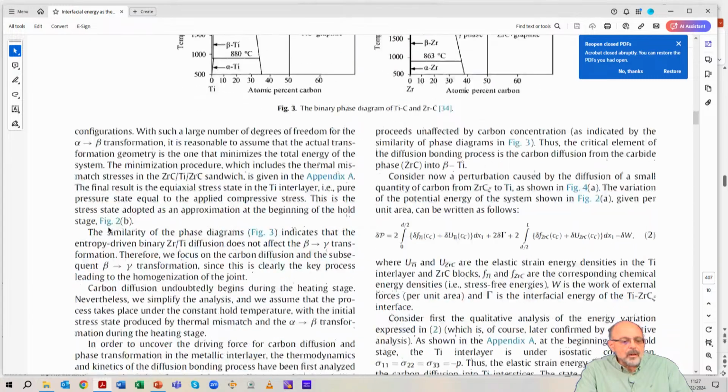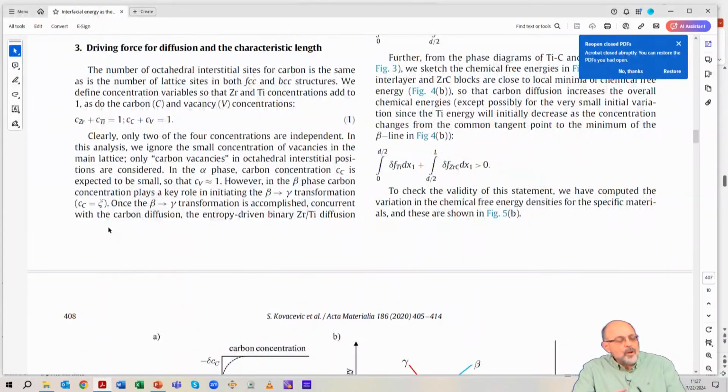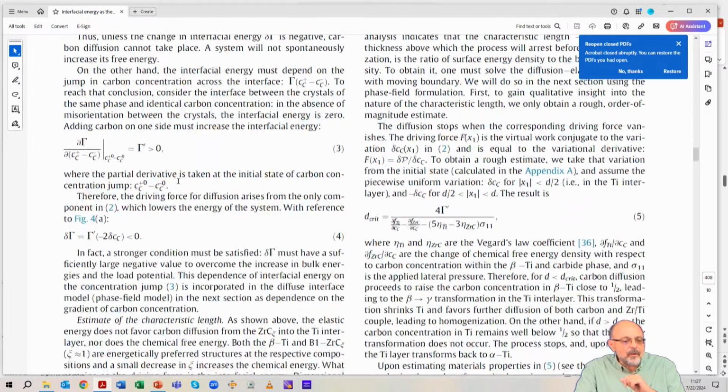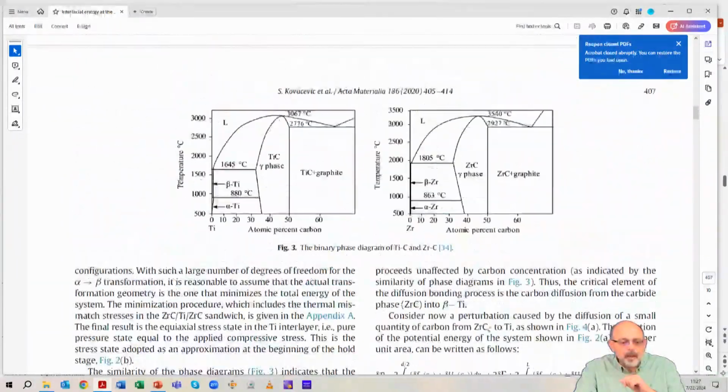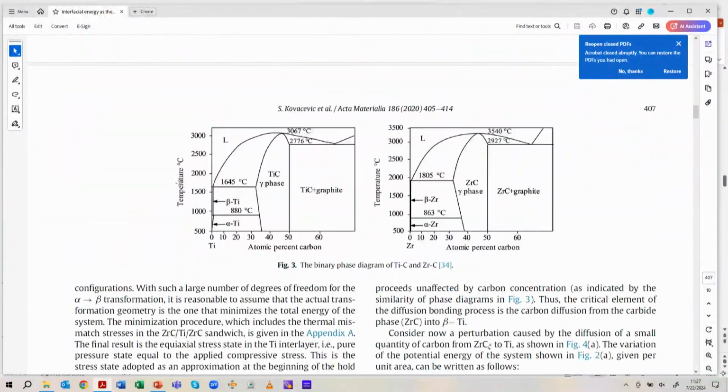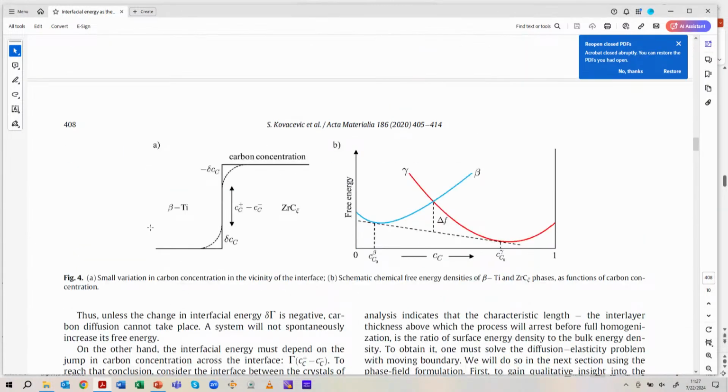Once you get carbon going, you get that phase transformation, beta to gamma. So our phase variable here, where is the energy? I'm trying to find the energy expression for the phase field.